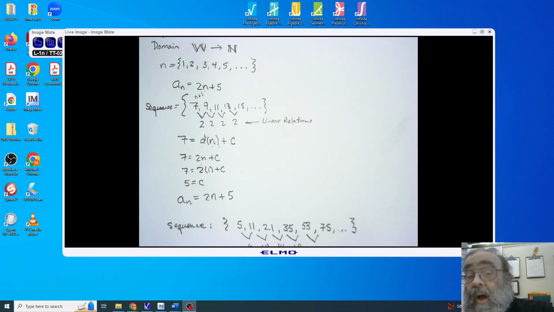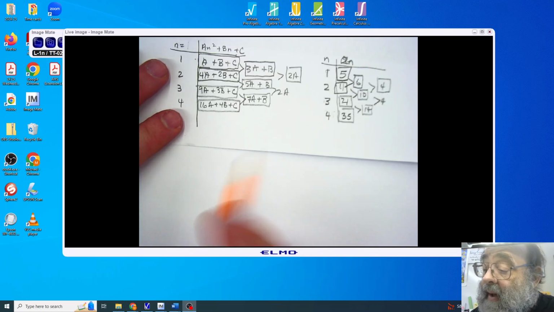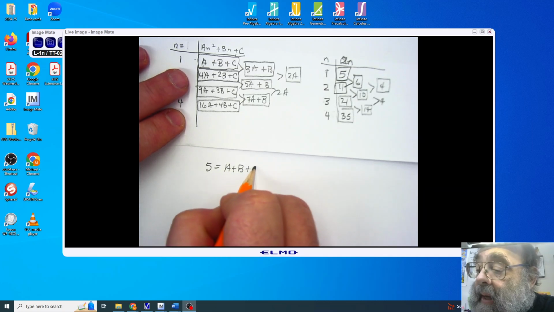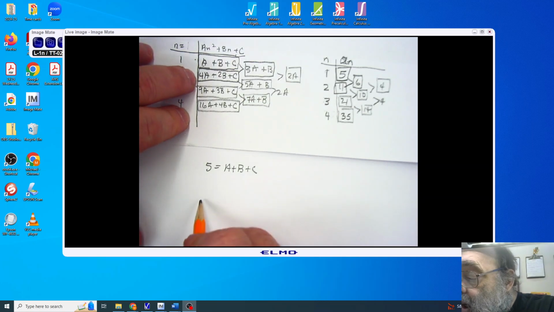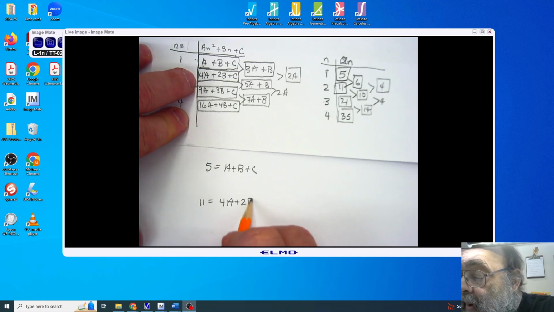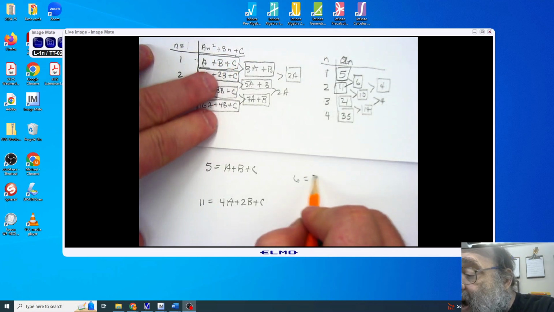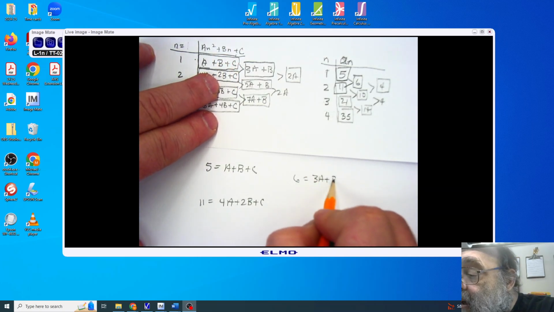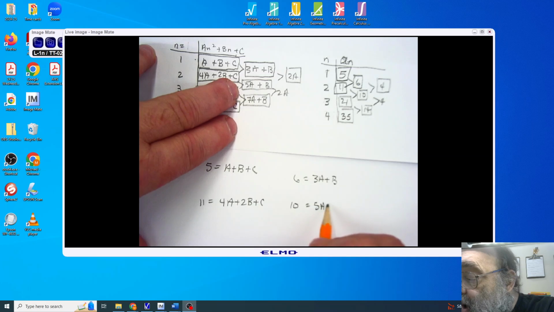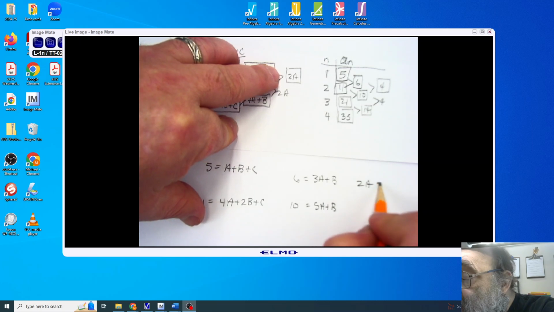Now with this, I can start matching things. Since 5 was made by a plus b plus c, and 11 was made by 4a plus 2b plus c, and 6 was made by 3a plus b, 10 was made by 5a plus b, and 2a gave me 4.